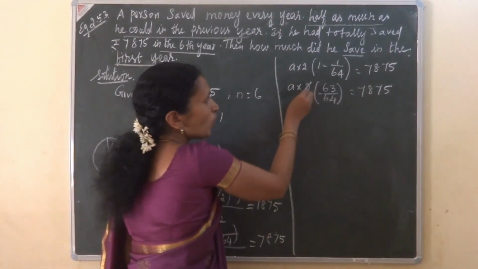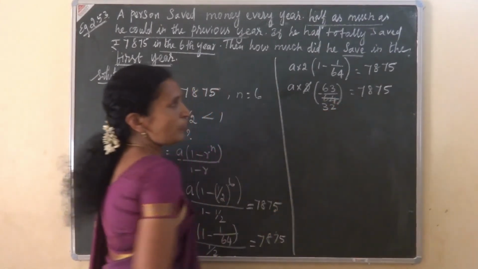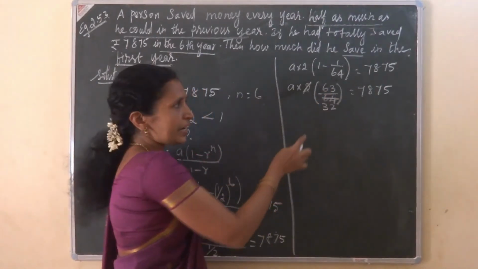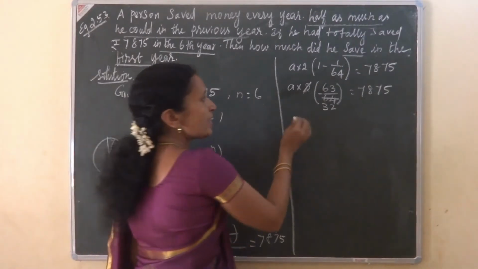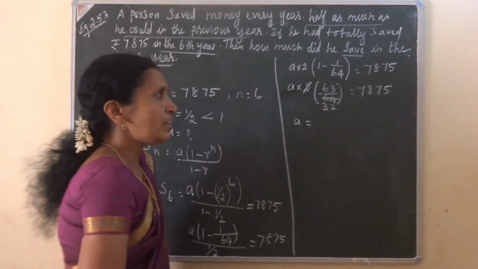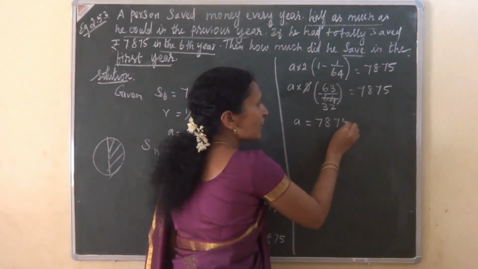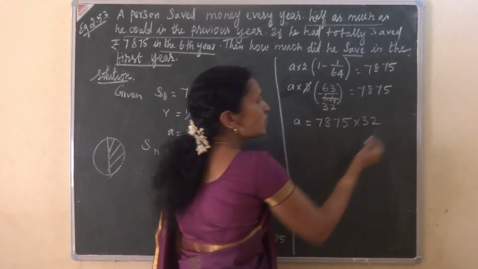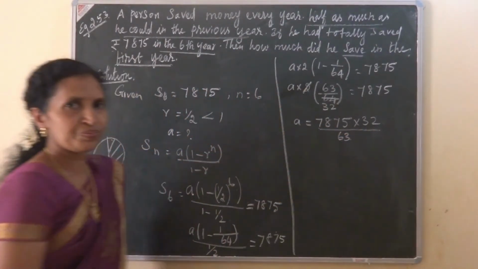Now 1 2 is 2, 3 2s are 6, 2 2s are 4. Now A into 63 by 32 equal to 7875. Next step, take the value A here and take everything there. A equal to 7875 into 32 divided by 63.